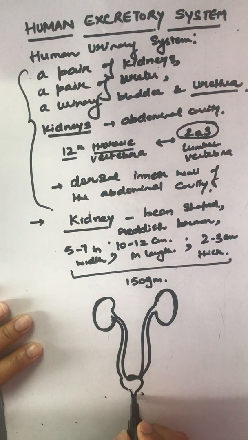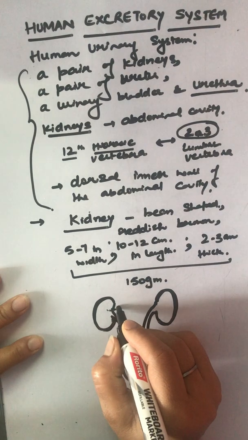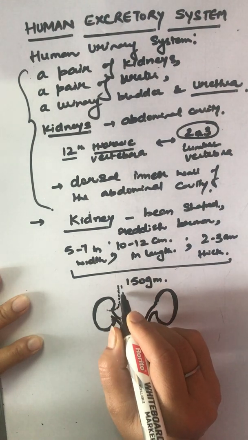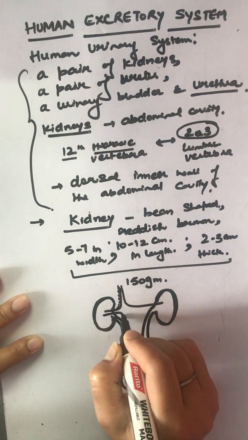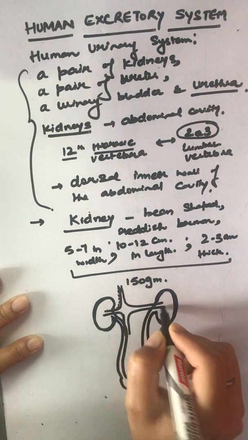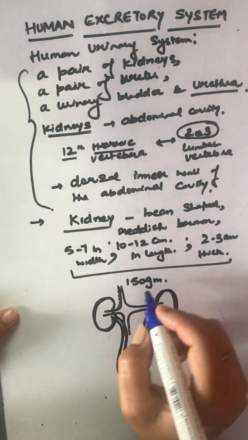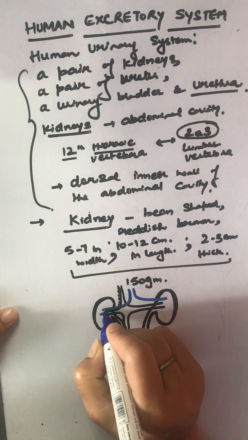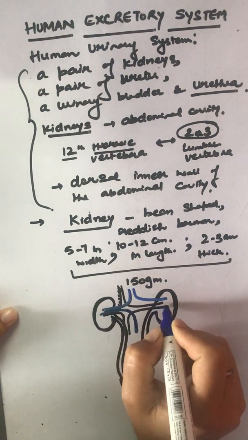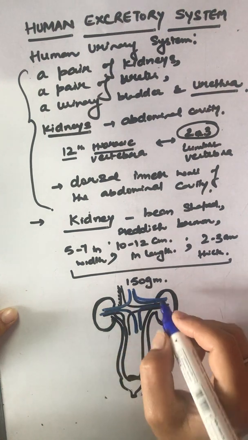A pair of renal arteries we have to show like this. This is the artery, and another one like this.